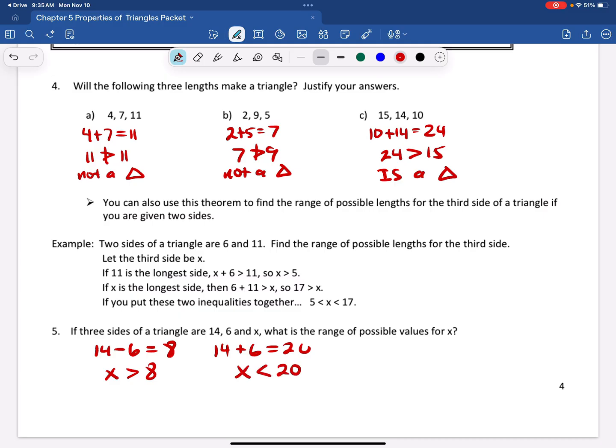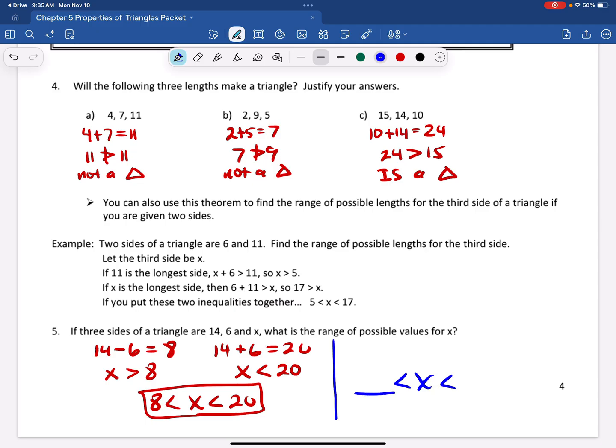So when you combine those, we put x in the middle. 8 has to be less than x, which has to be less than 20. All right, and a kind of shortcut, if you want to look at it, you can put x in the middle. We always have 2 less than signs. This is going to be the 2 numbers subtracted, and this is going to be the two numbers added together.